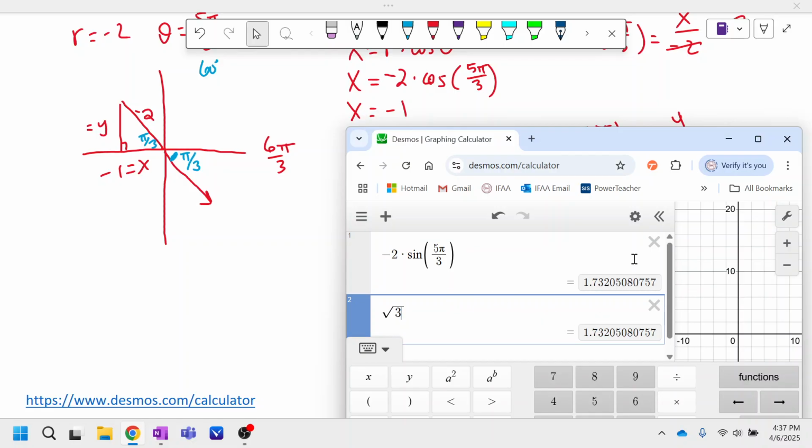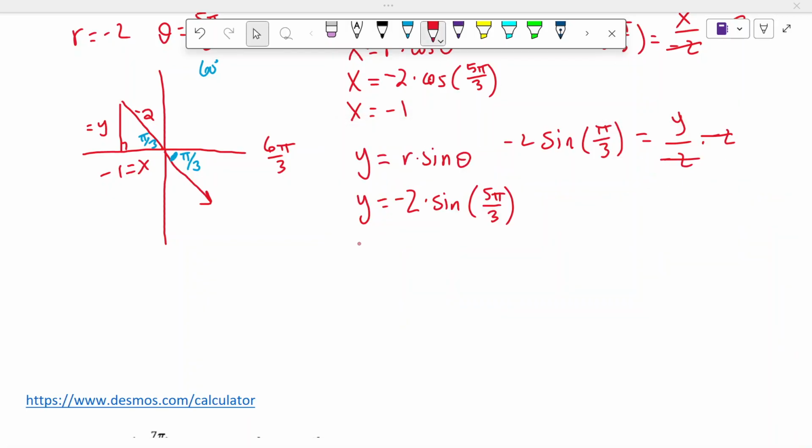Yes, 1.73205008, that's the square root of 3. And notice Desmos told me it's positive, even with the negative there. Because of the big angle, this formula knew it should be in quadrant 2, and that should be a positive square root of 3. So this is positive root 3.